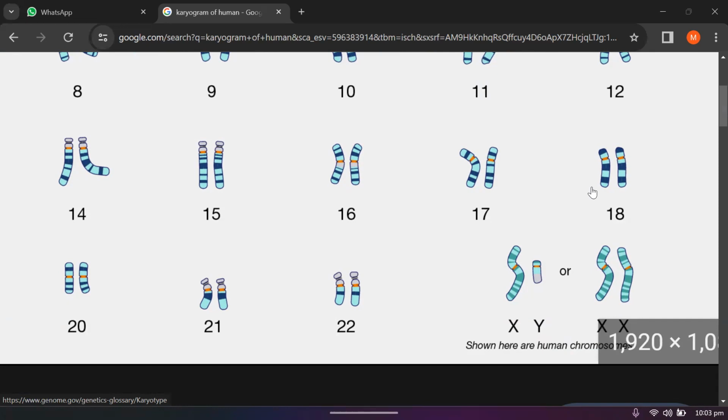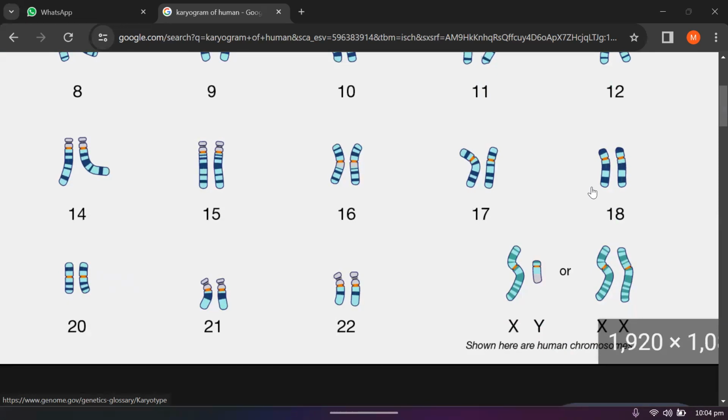And that is because the X chromosome in this boy has come from the mother and the Y has come from the father. And the second reason is that the alleles, the partners of X chromosome genes, are never present on the Y chromosome. So that's why the Y chromosome is smaller.